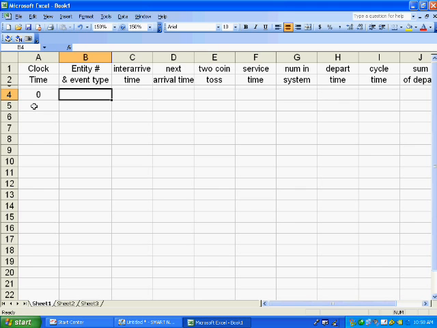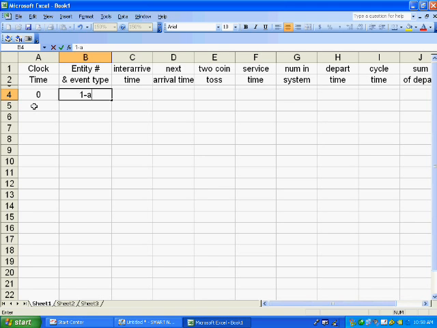That's going to be entity number 1. I'm going to put 1-A. It's entity number 1, and the event that is causing the clock to change is an arrival event.